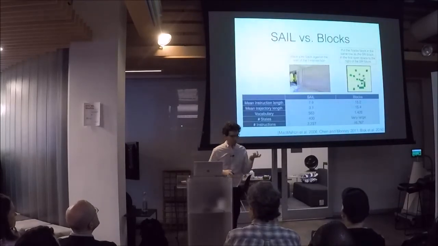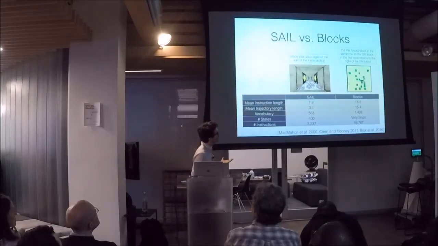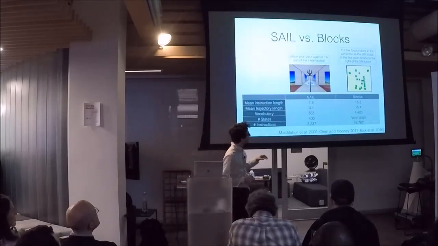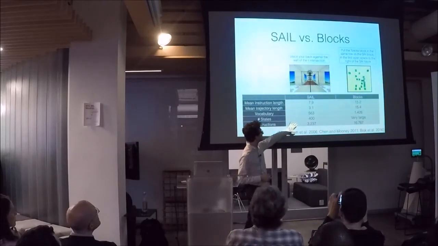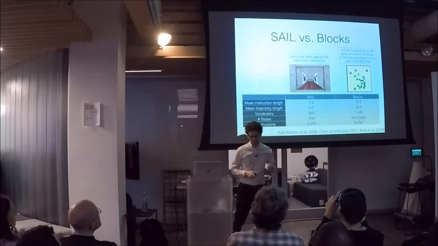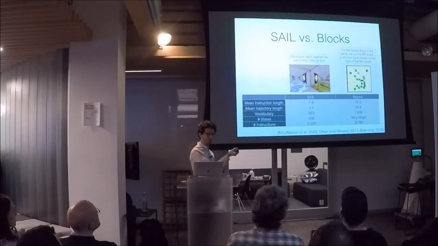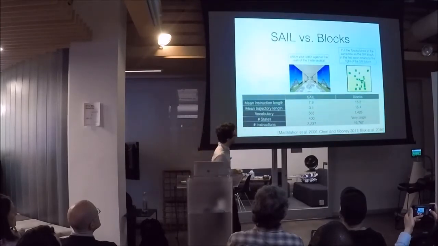Okay, so how does this compare to some of the domains that have been studied in the semantic parsing literature? One of the most commonly studied domains, and probably the hardest, is the SAIL dataset. In SAIL, you move around an environment in a maze, and you have to navigate between different places.